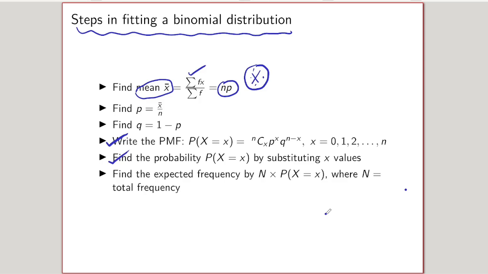Next, this total n value is nothing but the total frequency, and we are going to multiply the probability with the total frequency. If we do that, we get the theoretical values which fit the given observed values to the binomial distribution. So let us proceed.